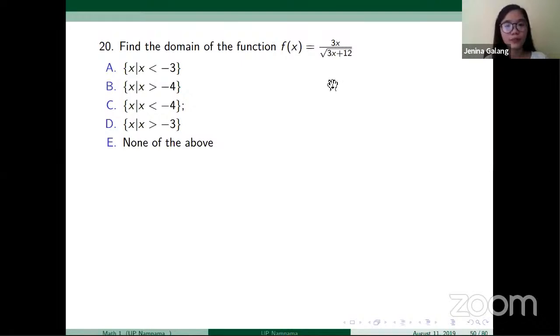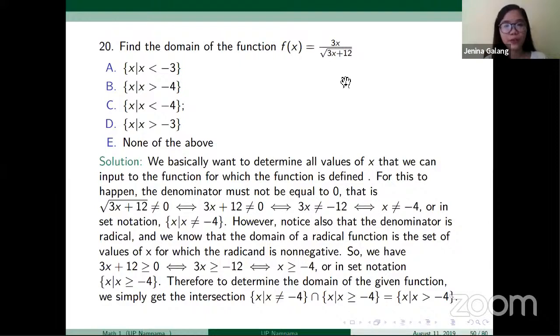And since yung denominator natin is square root, dapat greater yung denominator natin, not be equal to 0. So, we have this, which is equal to 0.